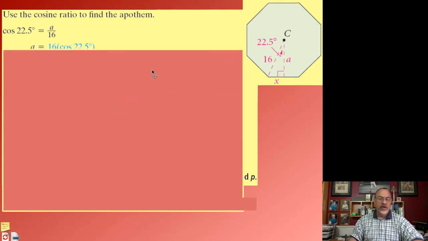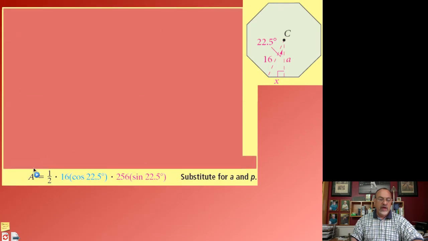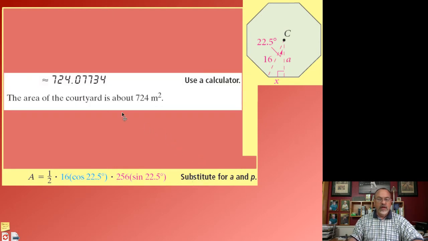Either way, you can calculate those however you'd like. But again, we want to leave these ratios alone until we get to the end. And then I could go ahead and calculate that, so I get a courtyard area of about 724 square meters.